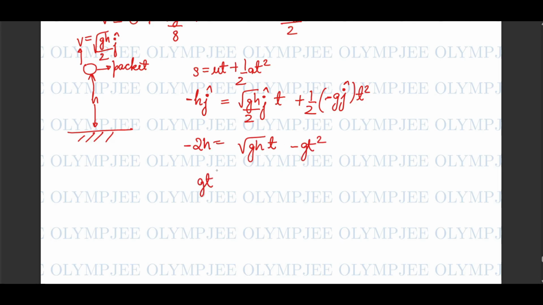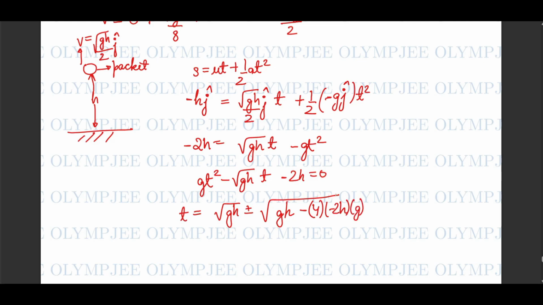which will give us gt square minus root gh t minus 2h is equal to 0, and we need to find time, so we will use the quadratic formula. This will give us root gh plus minus of, will be 8, so 8 plus 1 is 9, 3 root gh by g.